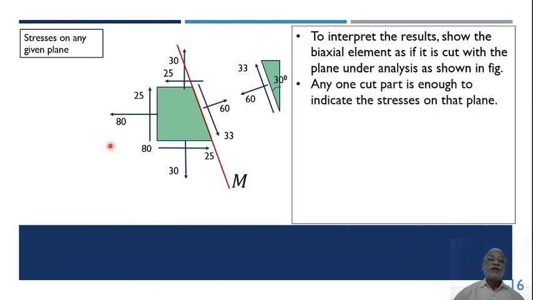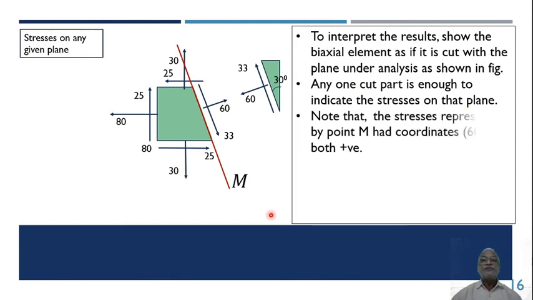So when it is cut, obviously you've got two pieces. You can draw this or this. The angle over here is 30 degrees. If you draw a vertical angle there, it's 30 degrees, or this will be 60 degrees, right? Any one cut part is enough to indicate the stresses on the plane.